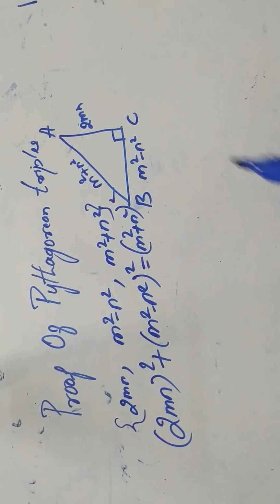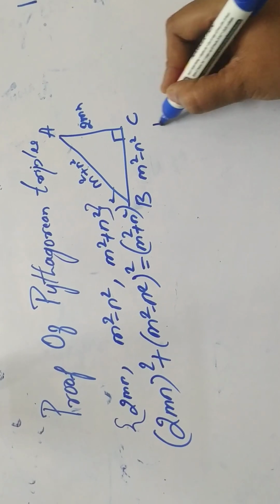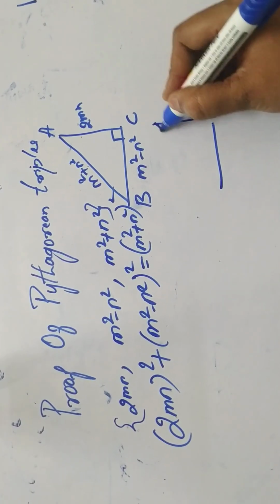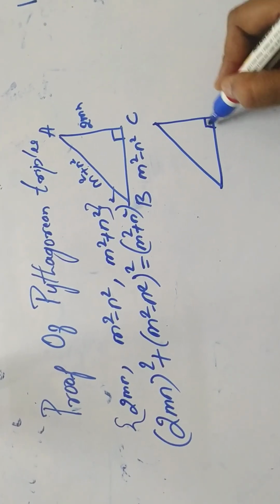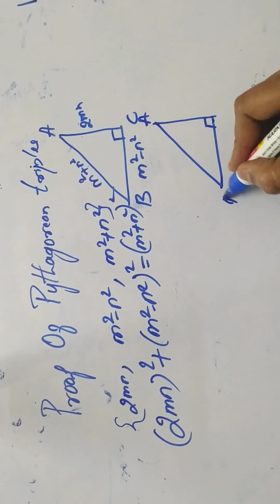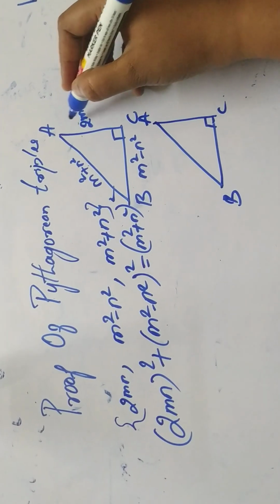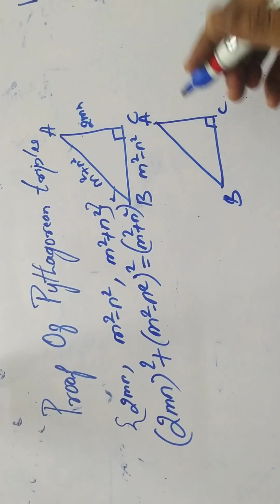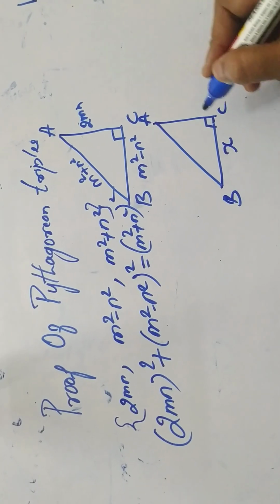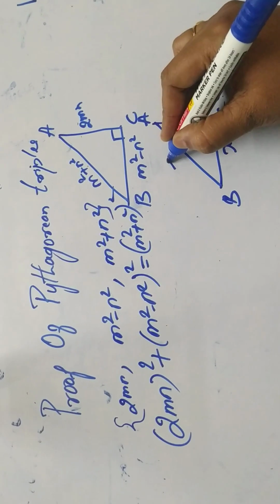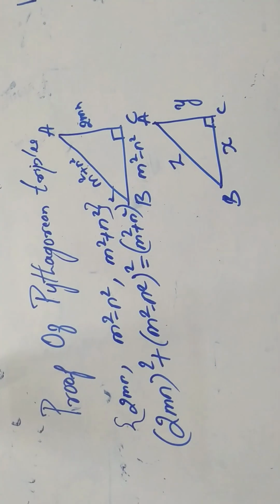So let me consider a right angle triangle, same notation A, B, C. Since the sides are not known, I'll denote the sides as x, y and z, or we can use ABC also.